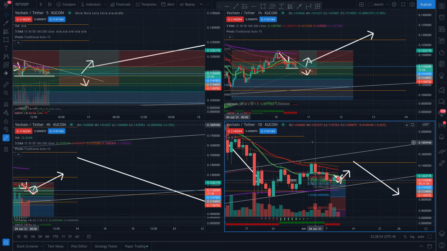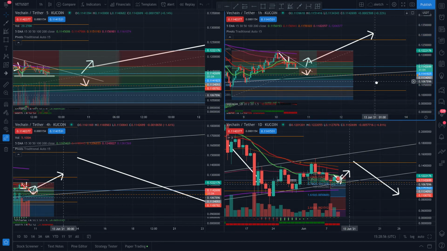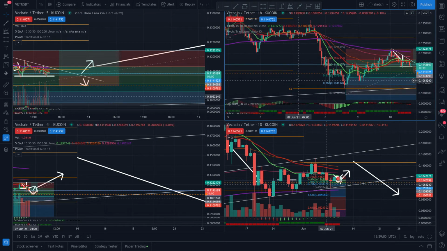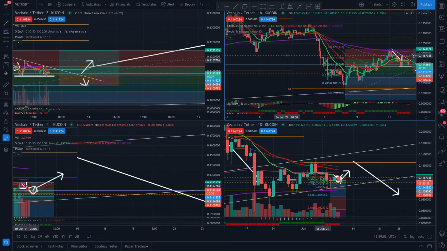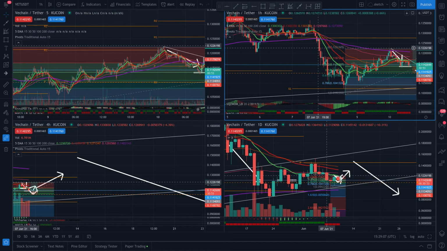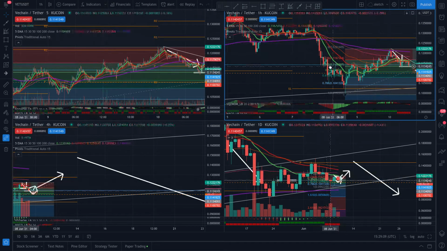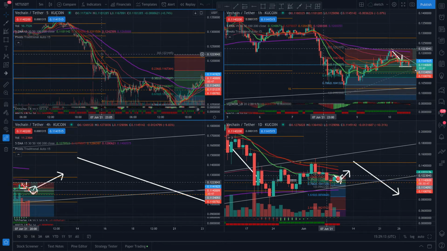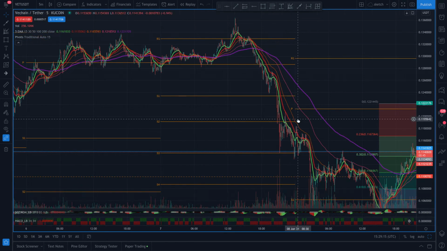Pretty straightforward chart today, I guess. Pretty straightforward analysis. It's quite interesting, right? During this period over here, which is the 8th, okay, let's see. There was a steep decline.